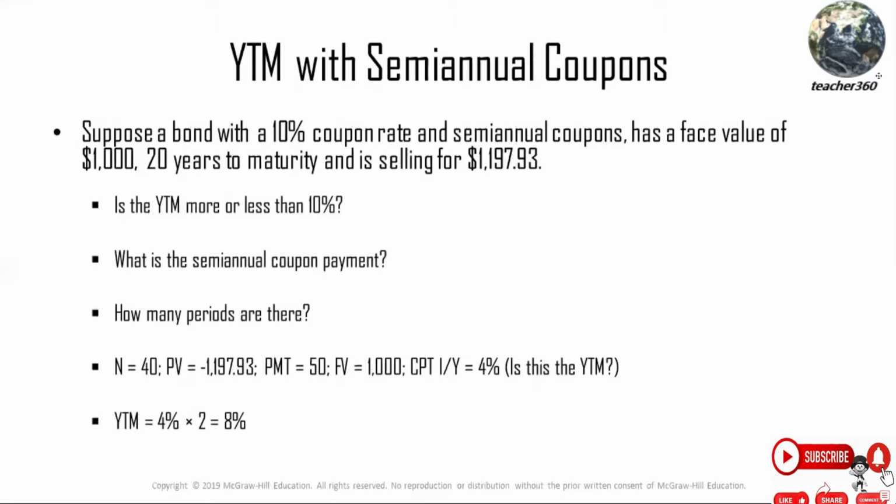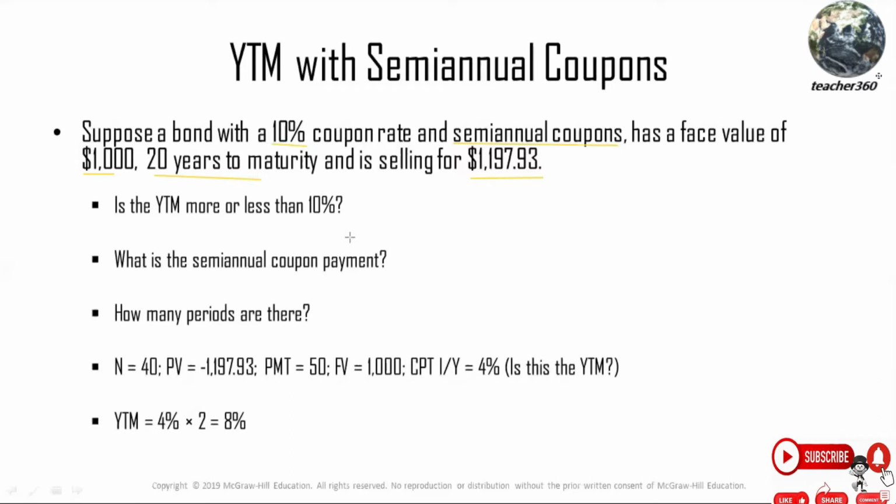So here your coupon rate is 10% and it is semi-annual, face value is 1000, 20 years is the maturity period, and 1197.93 is your bond price. Your bond price is higher than your face value. Is the YTM more or less than 10%? We have to find this out.